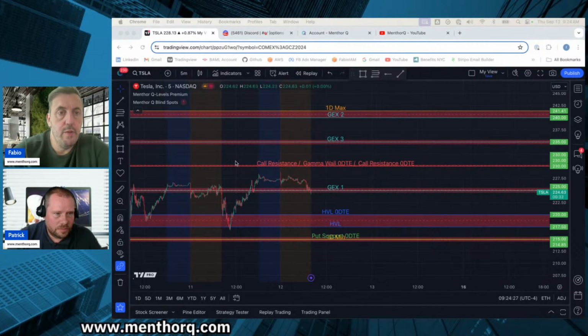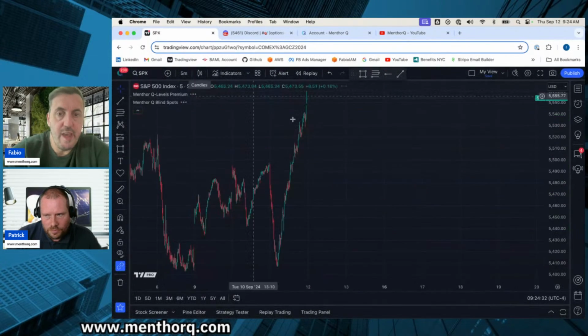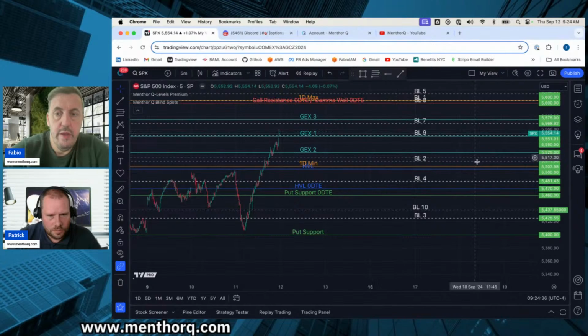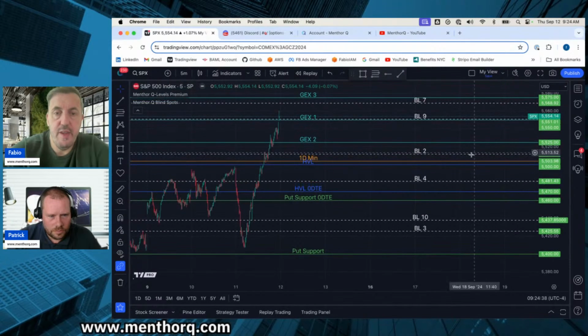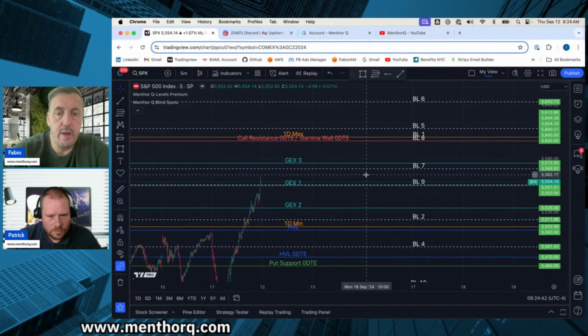Yeah, absolutely. And then let's go just one second to the SPX. Here we have both blind spots and gamma levels. So again, really nice areas for you here.